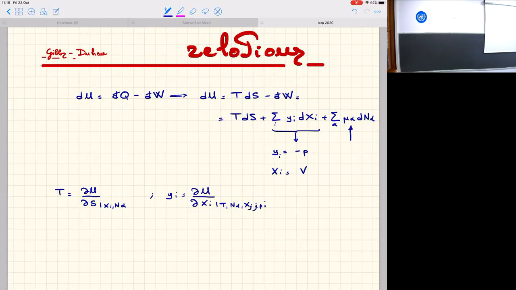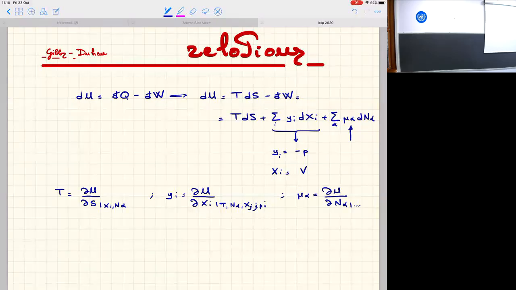And then I have the chemical potentials equal to dU/dn_alpha with the other variables fixed. Okay?